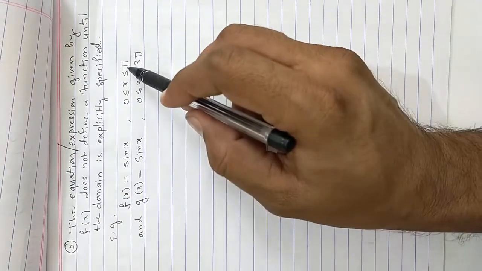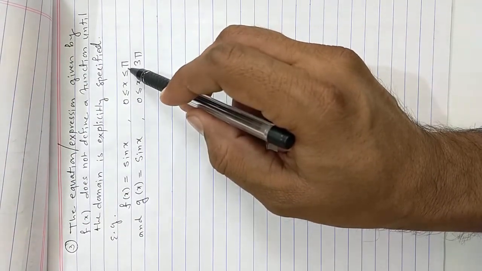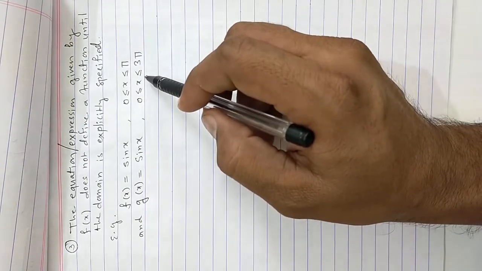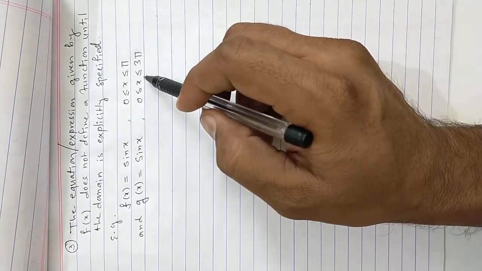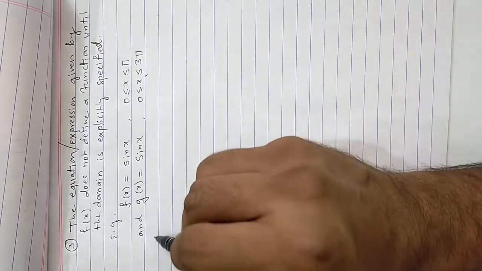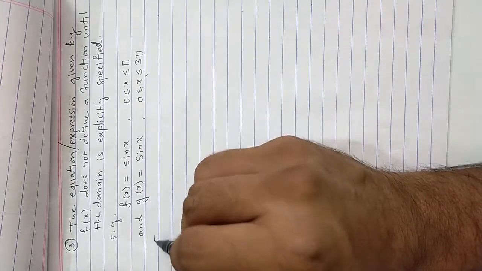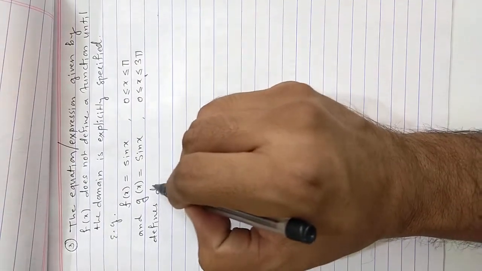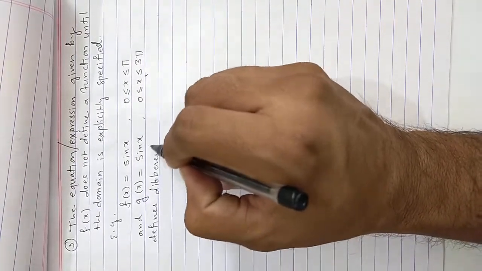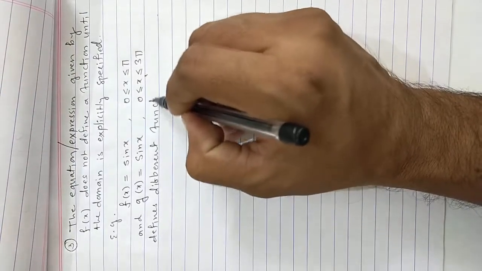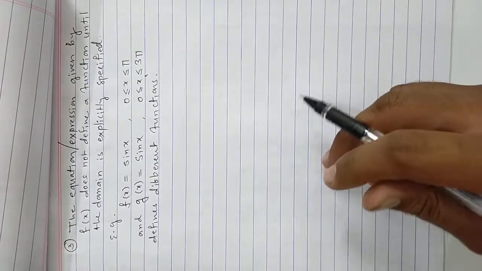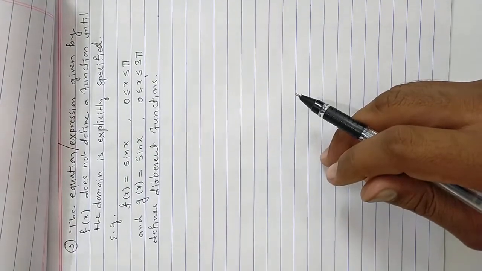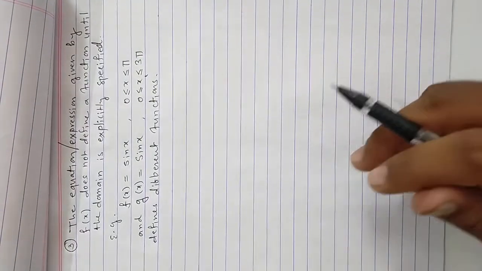One will have only a half loop, and the other will have one completed loop and half more loop, right? So they represent or define different functions. So the expression f(x) will be a function if the domain is specified.